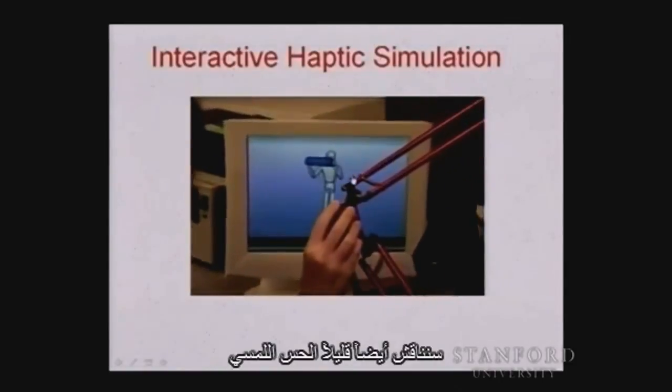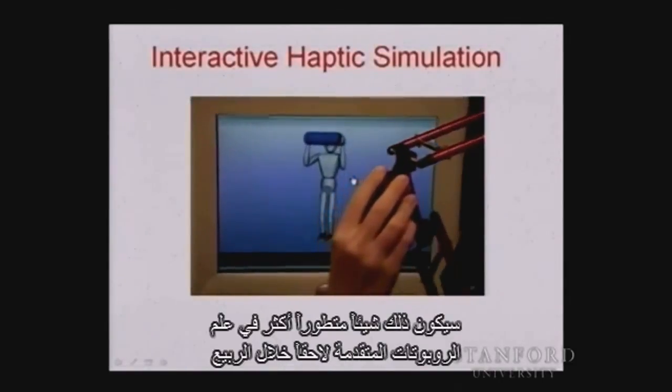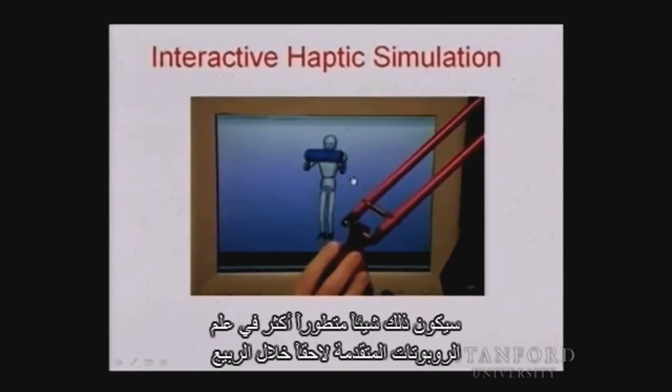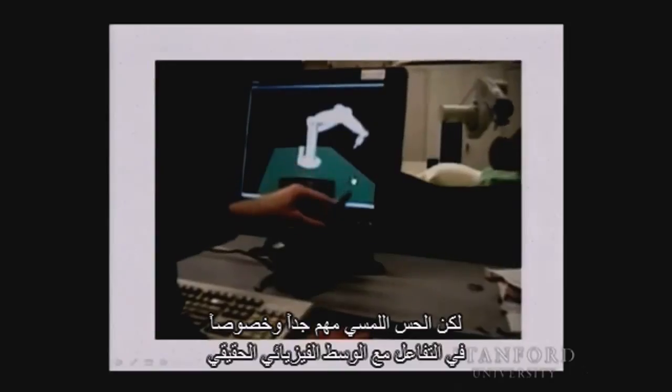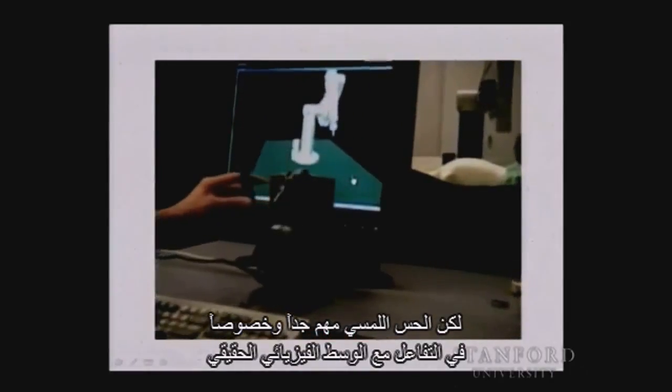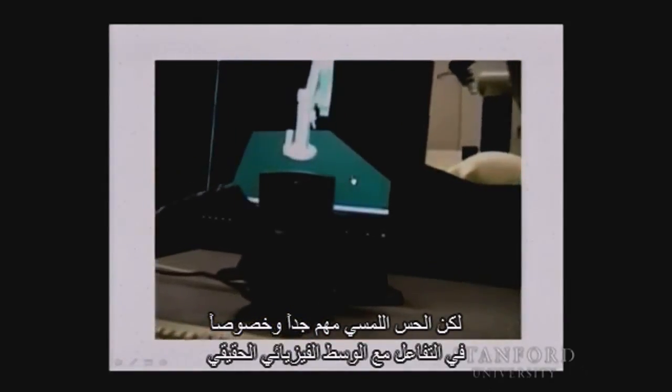We'll discuss also a little bit about haptics. This will be more developed in advanced robotics later in the spring, but haptics is very important, especially in the interaction with the environment, the real physical environment.